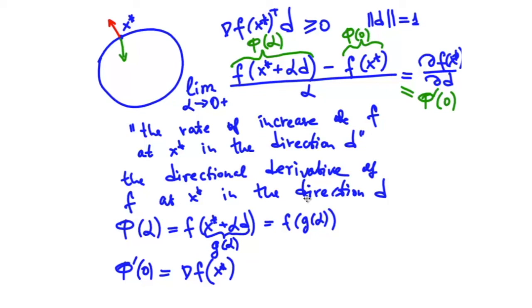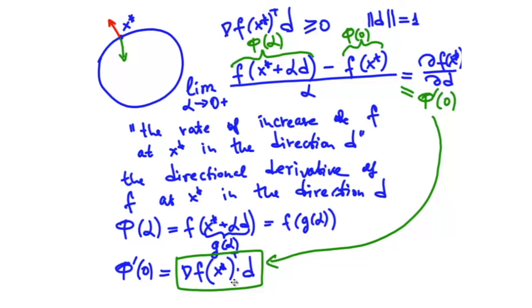Then we multiply this by the derivative of g with respect to alpha at 0. Because g of alpha is just x star plus alpha d, its derivative with respect to alpha is just the vector d. So we see that phi prime of 0 is exactly the product that we had in the optimality condition. This is the same as the directional derivative, so this is exactly the same thing.